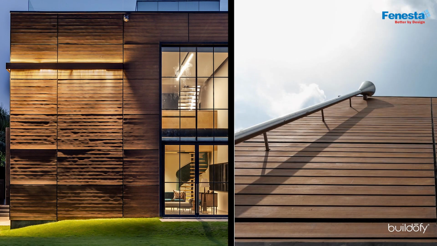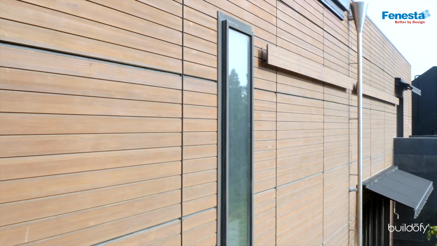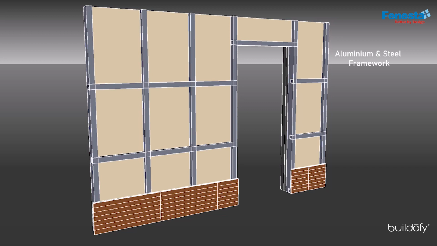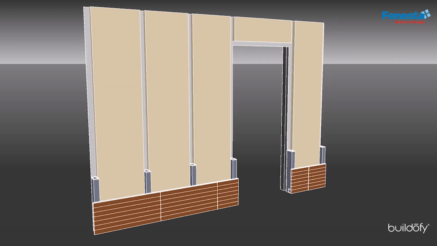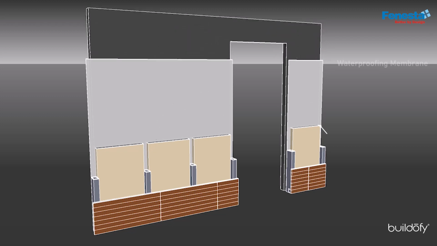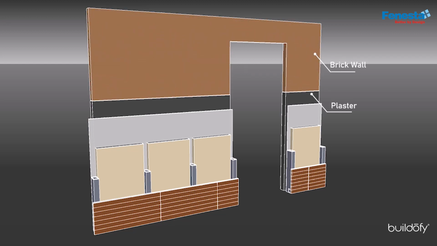This house has a ventilated elevation which, from the outside in, is a series of interlocking timber panels which are thermo-treated so they don't age very quickly, mounted on an aluminum and steel framework which then has a waterproofing membrane and a thermal insulation membrane and an air cavity through which we sometimes run a few service lines.